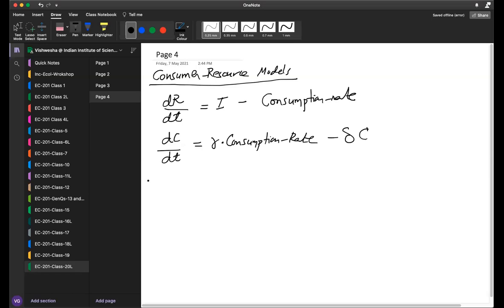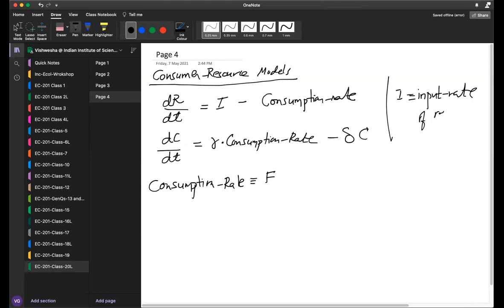Now let's try to see what this consumption rate should be. Let's call that some function f. What is I? I is the input rate. There are many ways to think about this system. For example, imagine I have a chemostat.